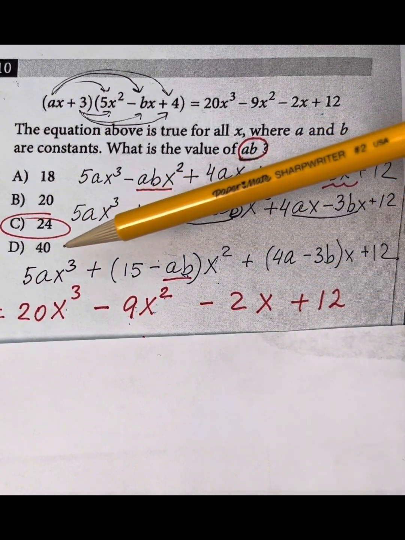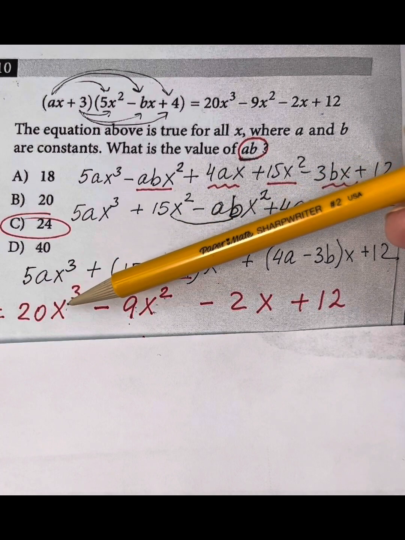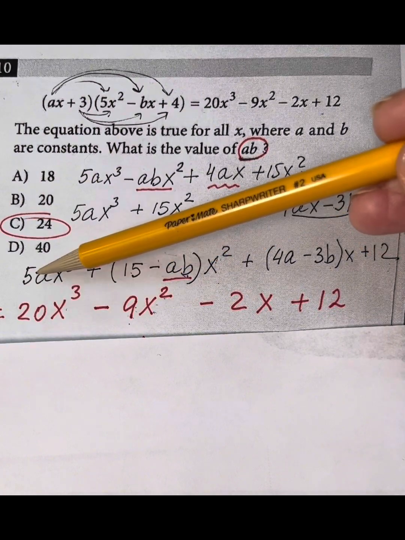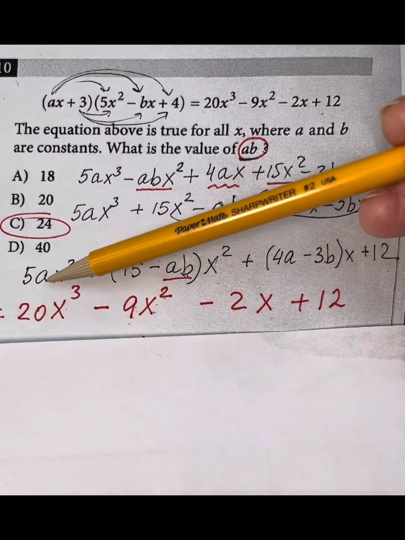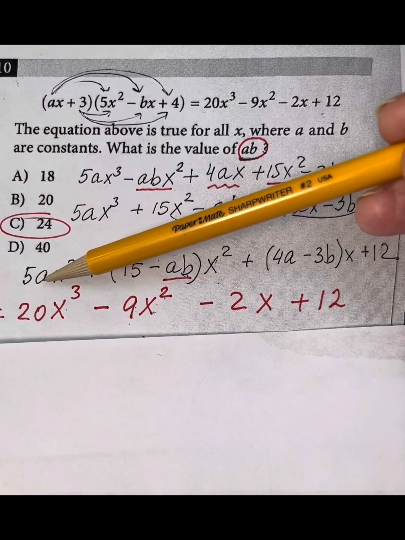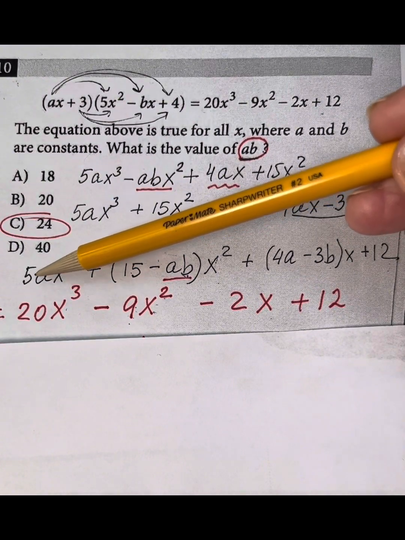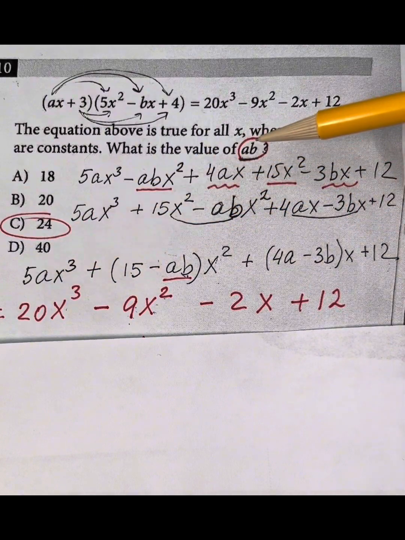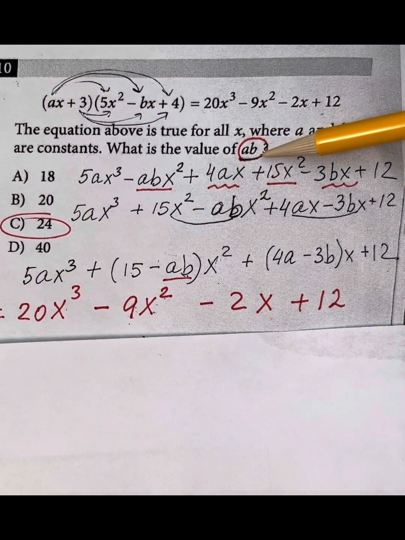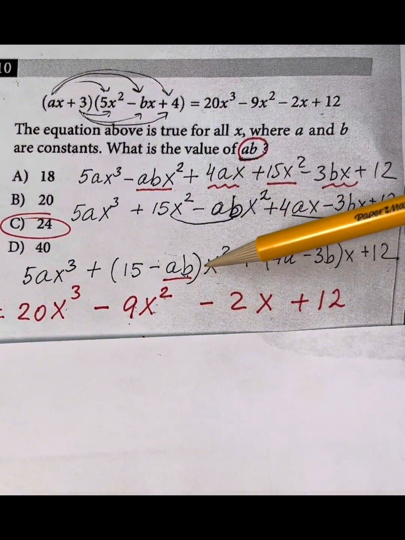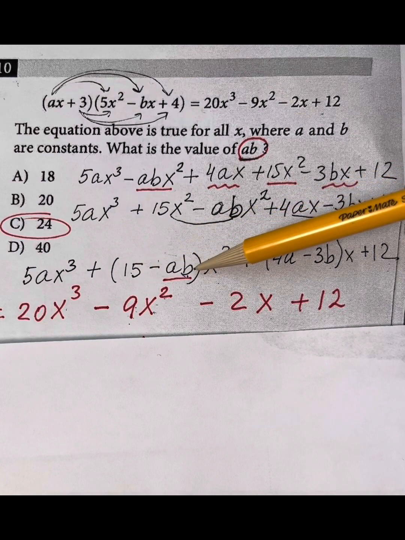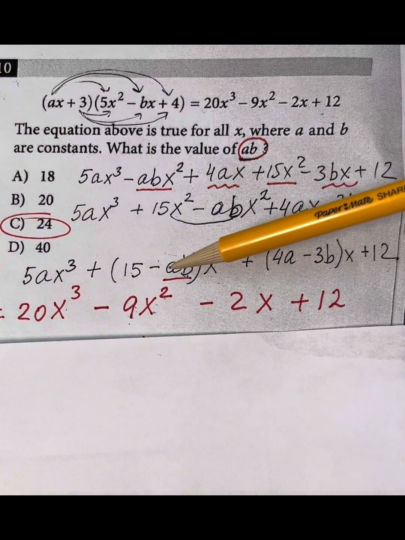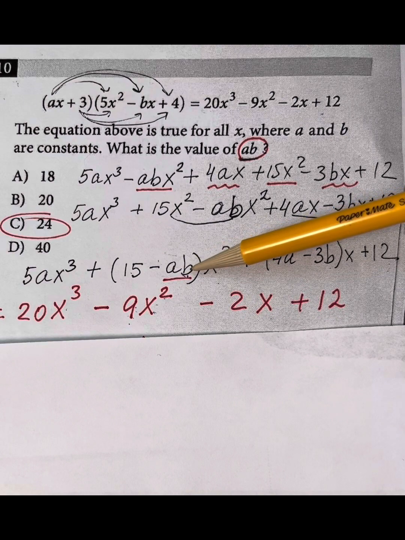In other words, the coefficient for x cubed, 5a, should equal 20. So in other words, we can find the value of a. Of course it should be 4, right, to get 20 here. But they're asking you, pay attention, ab. So let's analyze the next coefficient, for x squared. The coefficient for x squared has that term ab.